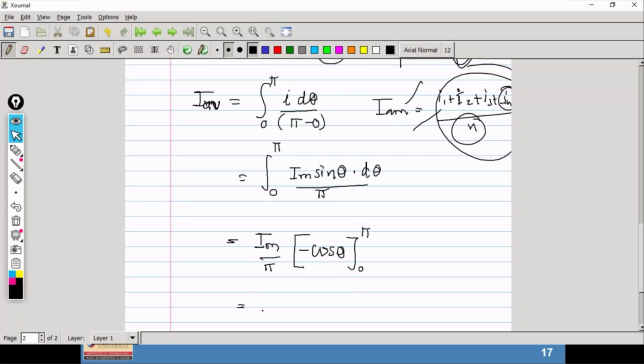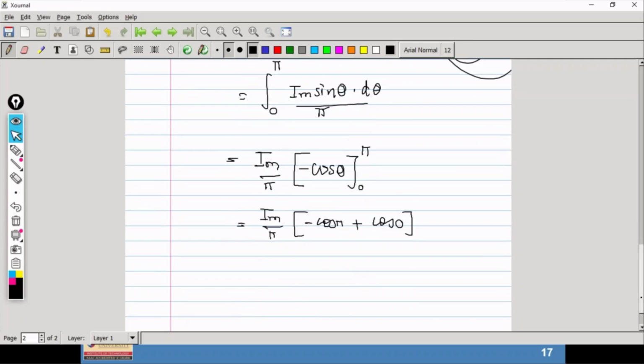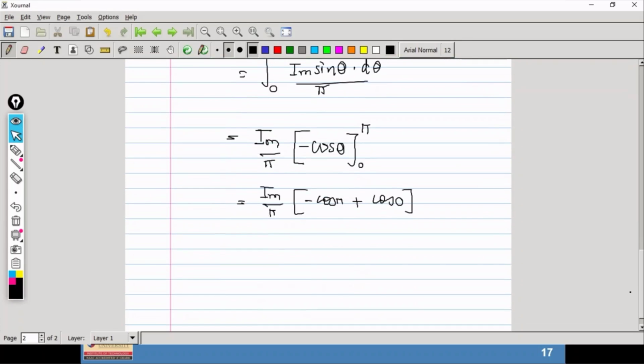So the value of this is Im upon pi times minus cos pi minus cos 0. So what is the answer here? 2 Im by pi.